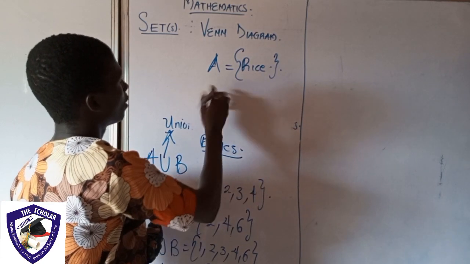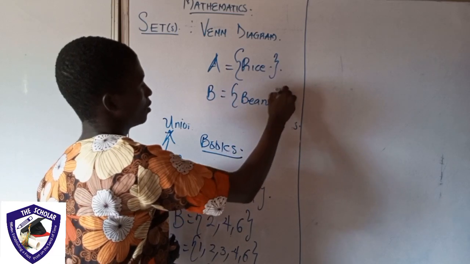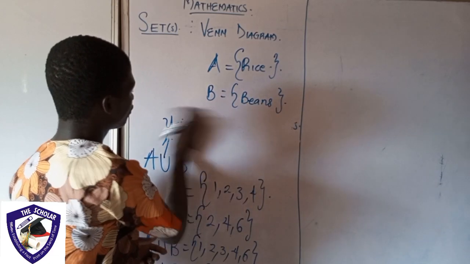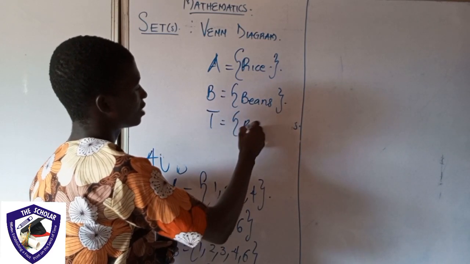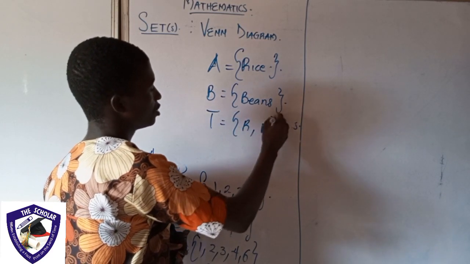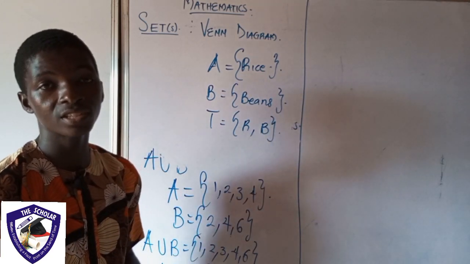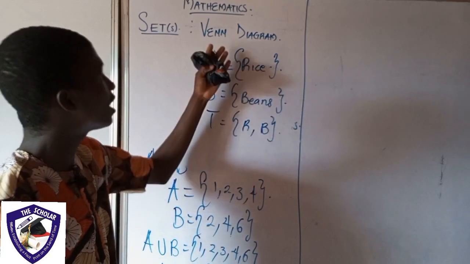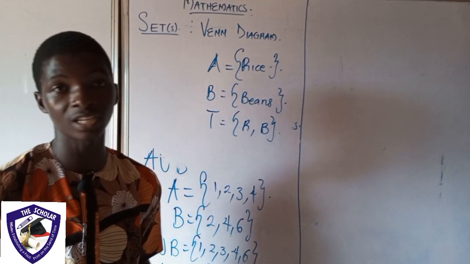So I have my friend B, he likes beans. Then I have my friend Suji, he likes rice and beans. I can present this in a set. That is when the Venn diagram comes into place. And we are going to solve a perfect example to balance that understanding.